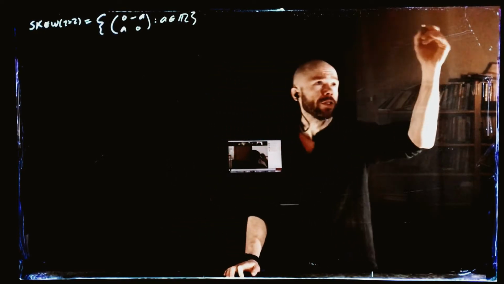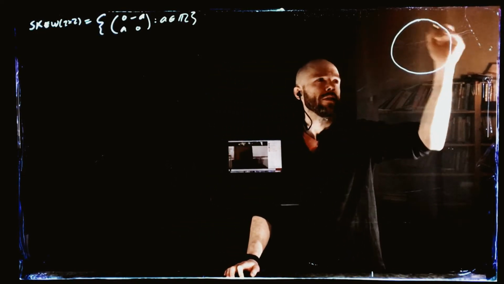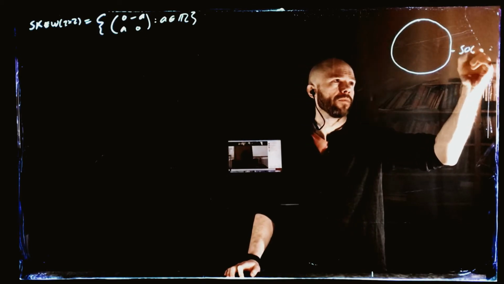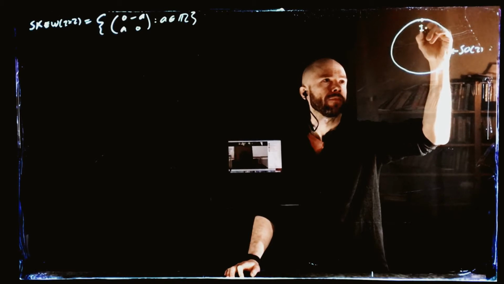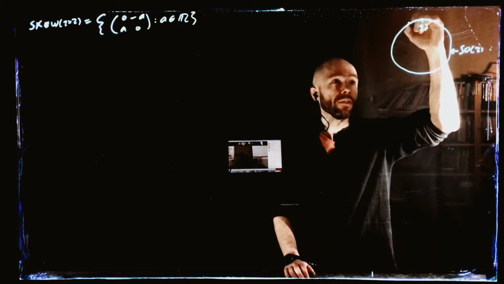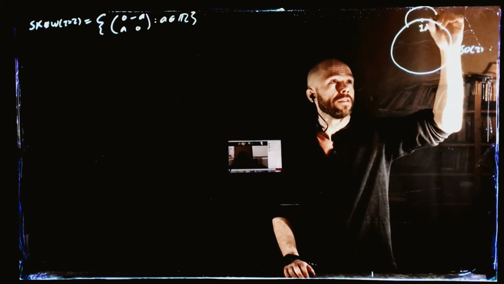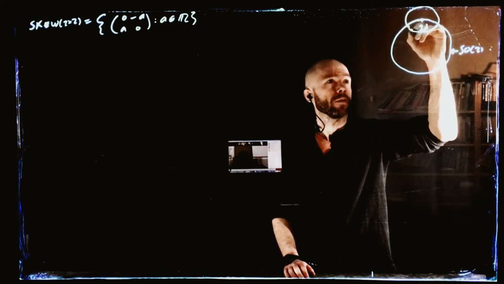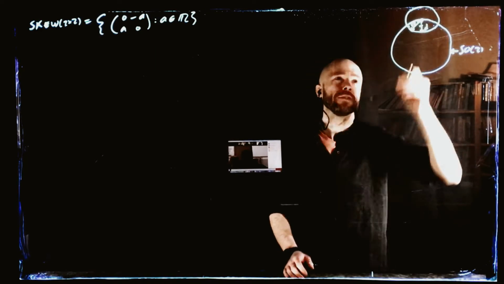So in our picture over here, this is the rotations. This here is the identity. And now I'm going to draw perhaps a bit of a smaller ball. This is the ball of radius square root of epsilon, constant times square root of epsilon.